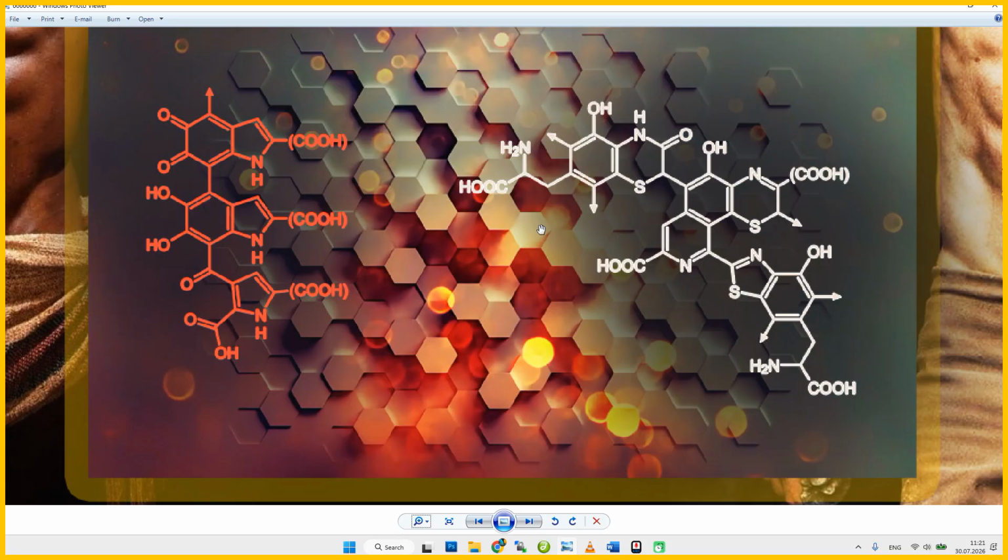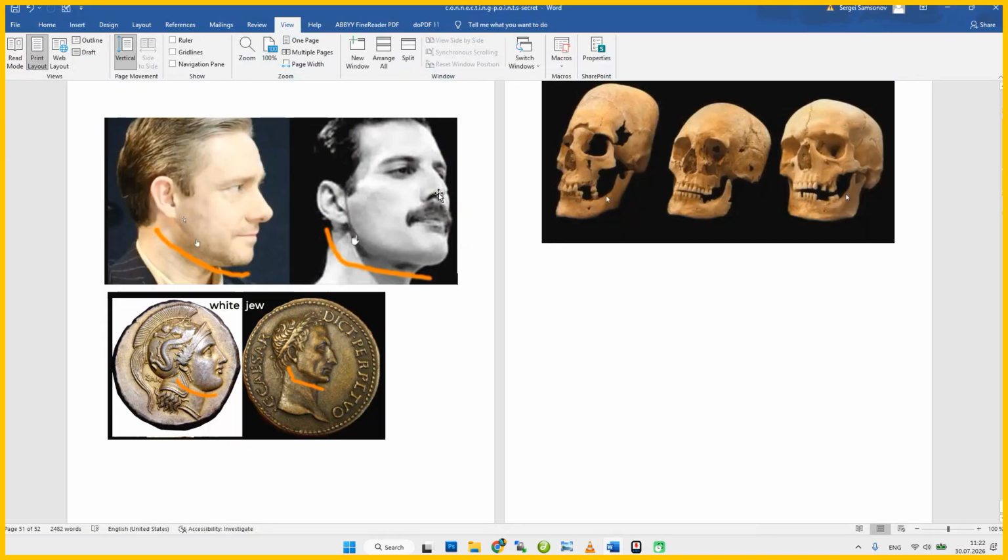Okay, maybe we have other proofs, because that was the second proof. And yes, we have different proofs. For example, the skull. Yeah, you see, skulls are also different. On the right side is the skull of an Asian guy, maybe Chinese, Mongolian type, okay?